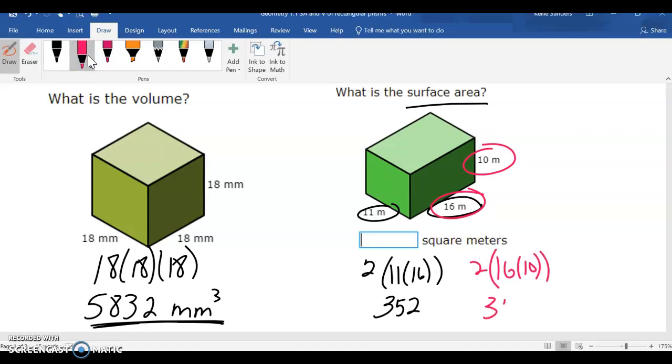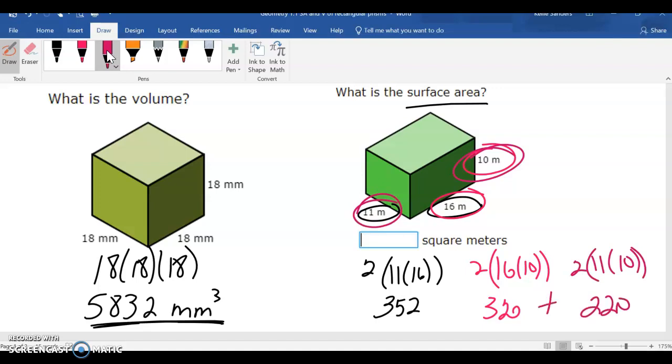That would be 160, would be 320. And then we have 11 times 10, and we have 2 of those. 110, 220. We're going to add those up and get 892 meters squared.